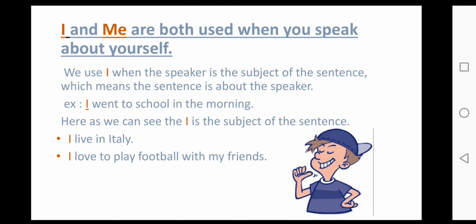Okay? So, for example, when I say I sleep early, I use the pronoun I because I am the subject. I am the topic of the sentence. The sentence speaks about me.